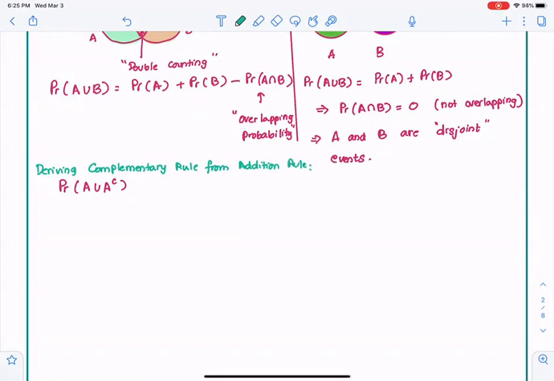So let's say that is the entire sample space.